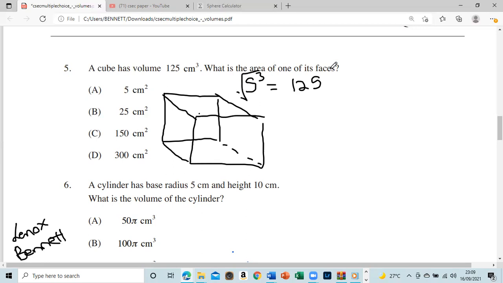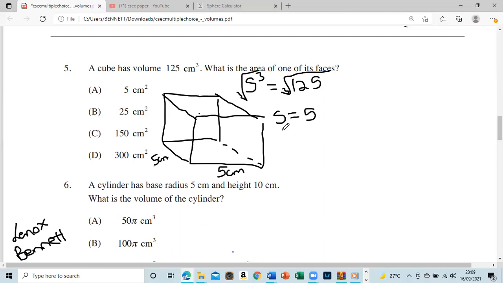Which number multiplied by itself gives 125? That would be 5. So we know one side is basically 5, but it's not done yet. Let me show you how complicated the question is.